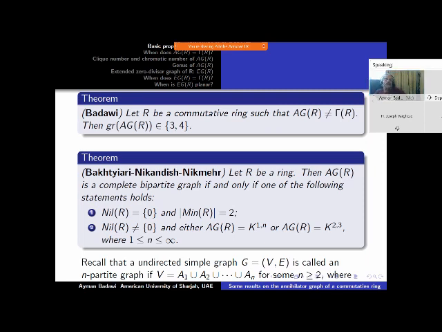If these two graphs are not the same, the annihilator graph is not the same as the zero divisor graph, then the girth has to be 3 or 4. What does that mean? That means if the annihilator graph is not the same as the zero divisor graph, then the length of the shortest cycle in the graph has to be 3 or 4.